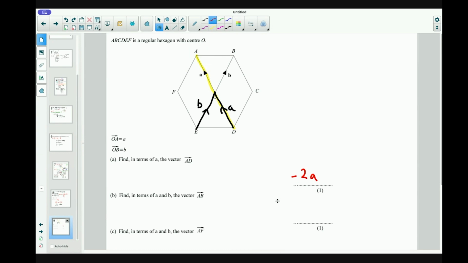Give you guys a second here to tell me what vector AB is going to be in terms of a and b, and then same with AF. Let's give you guys a second there to confirm in the chat.